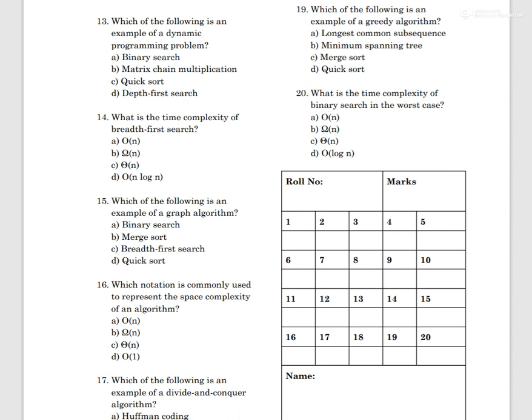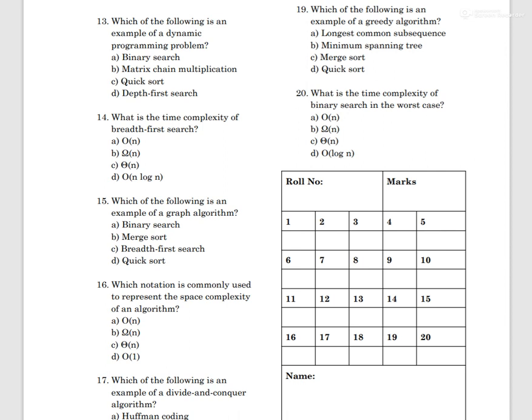Question number 15. Which of the following is an example of a graph algorithm? That's the same question. So here the graph problem is breadth first search, and we just now learnt about another graph algorithm which is depth first search.